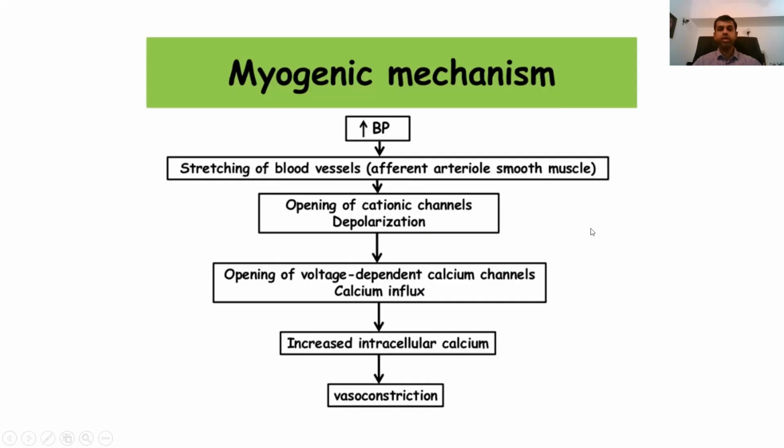This results in a large influx of calcium into these smooth muscle cells, which causes vasoconstriction and reduces the amount of blood that gets transmitted to the glomerulus. So it controls a significantly higher blood pressure pushing a lot of blood into the capillaries.